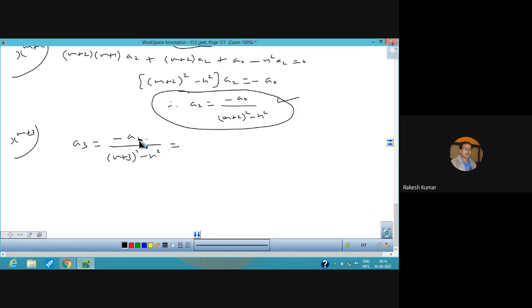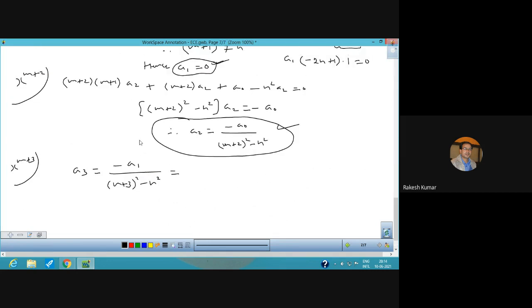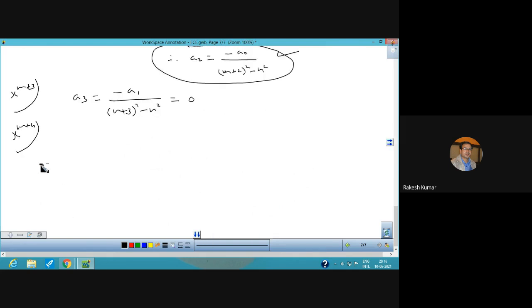But we know that the value of a1 is 0. So put 0 here, you will get a3 is 0. And for equating the coefficient of x raised to power m plus 4, you will have a4 is equal to negative a2 upon m plus 4 whole square minus n square.